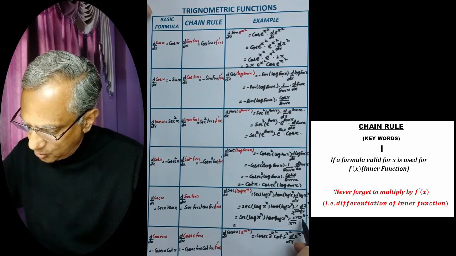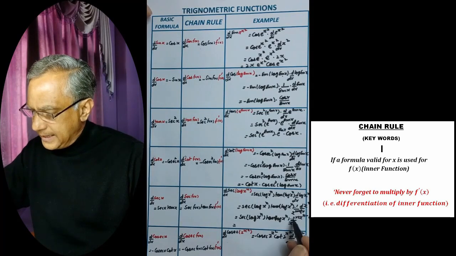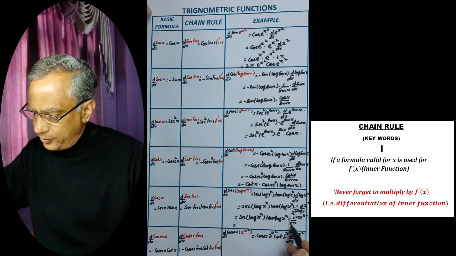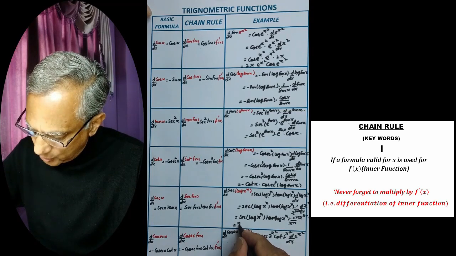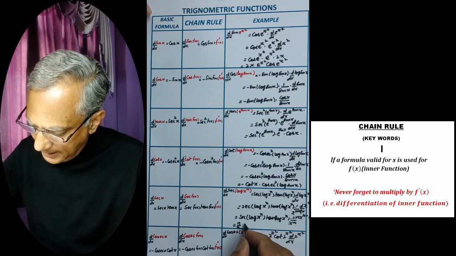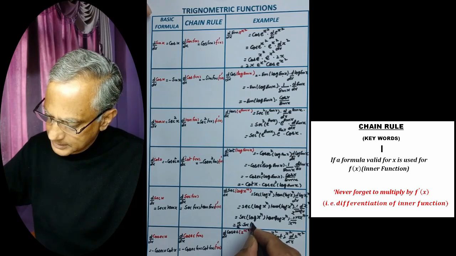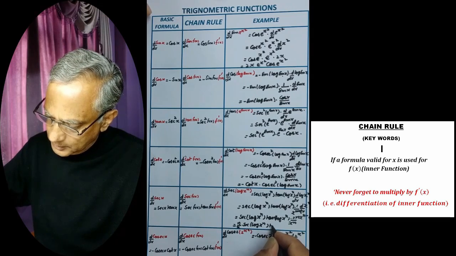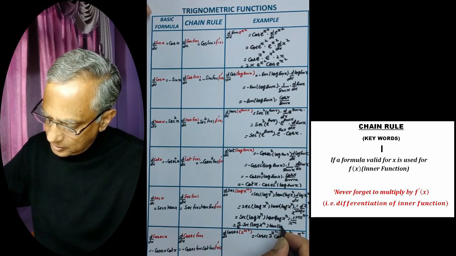So this is equal to, now x to the power of n minus 1 and x to the power of n cancel, we are left with 1 by x. So we will have n by x. So here it will be n by x into secant log x to the power of n tangent log x to the power of n.